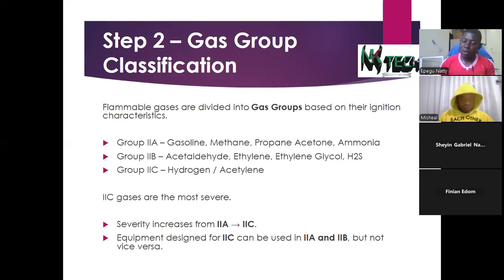It means that if you have equipment rated IIC, you can also use it for IIA and IIB, but you cannot use equipment rated IIA in IIC. So this statement means that equipment designed for IIA and IIB cannot be used in IIC, but vice versa. If equipment shows IIC, that's the highest standard, so you can place it in areas that have IIA or IIB.